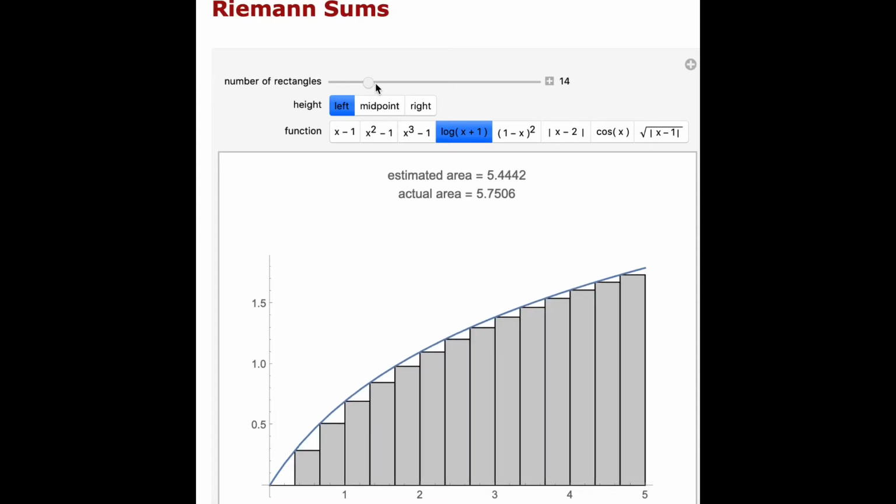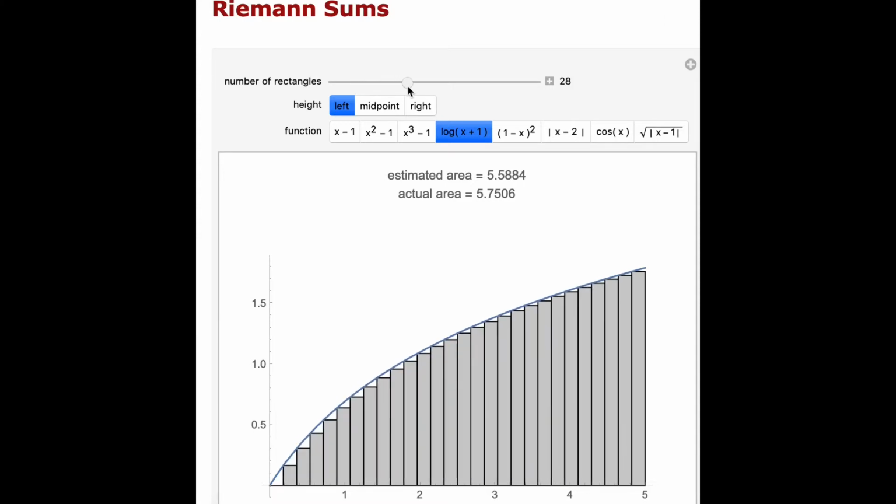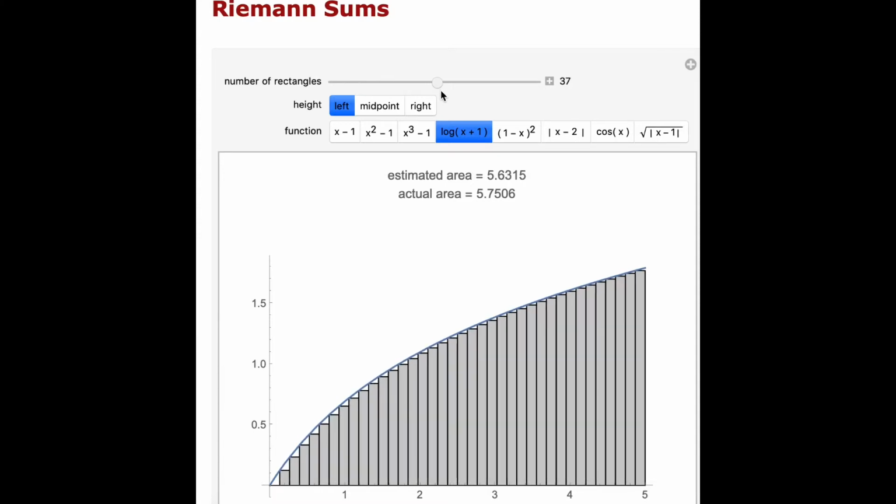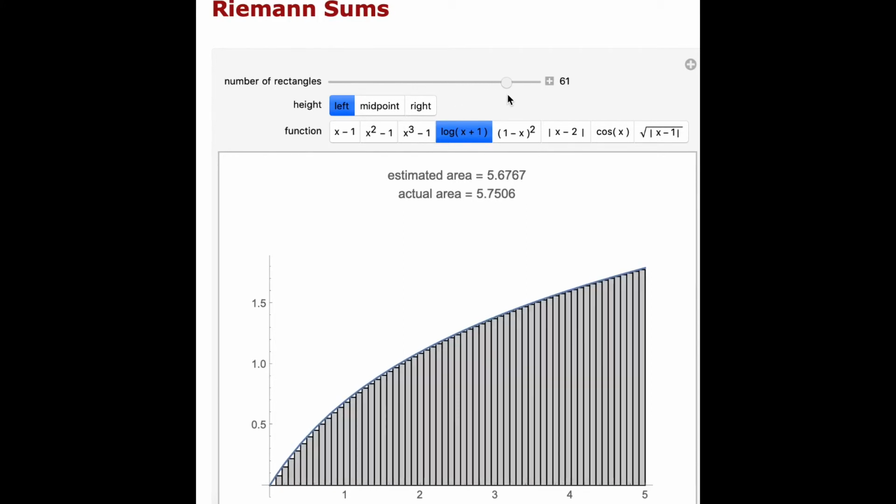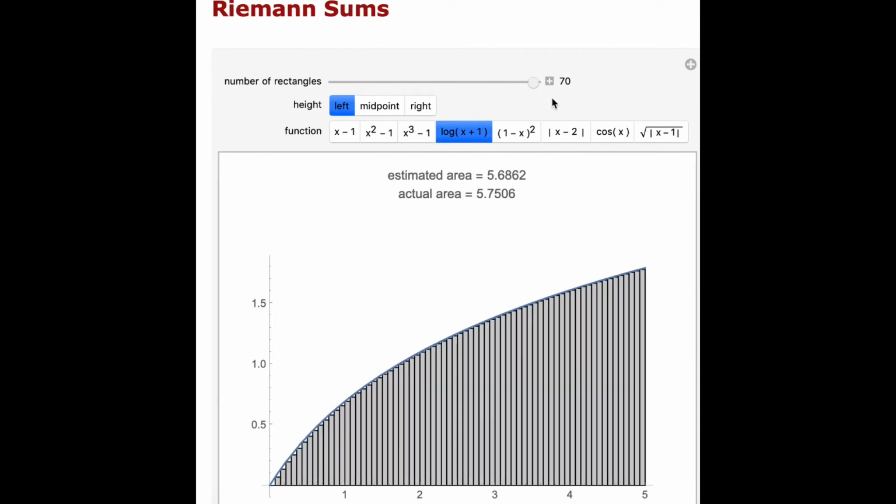If I add more rectangles, I see that the approximation gets even closer and closer until I reach approximately 70 rectangles under the curve. And notice that a lot of the white spaces disappeared, and my estimated area is 5.69 versus 5.75 actual.